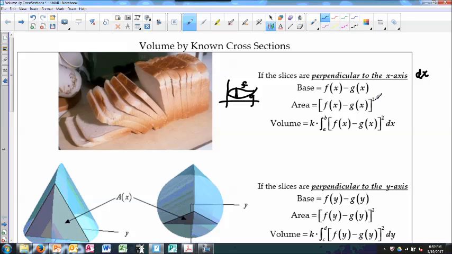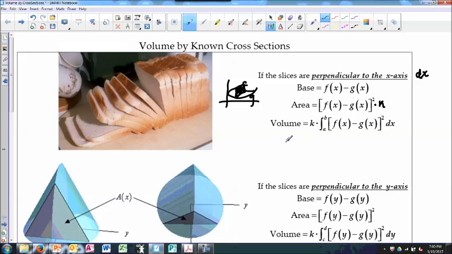Area, if we're talking about a square, is f minus g squared. So you'd have base times height. But your area might not be a perfect square. It might be an equilateral triangle or some other value so that you have a constant times the side squared to come up with your area formula.